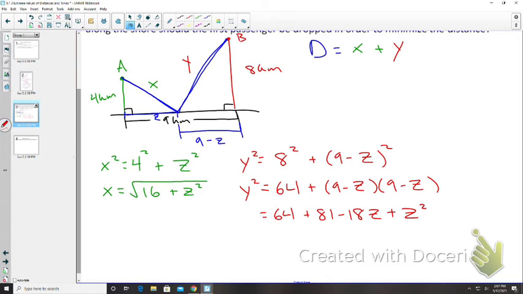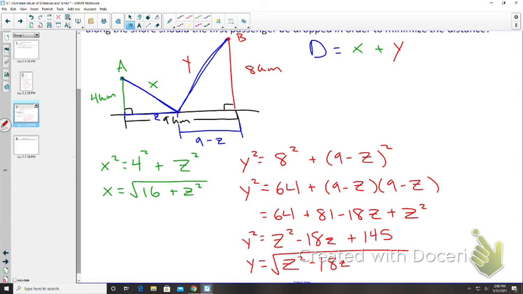We can simplify this a little bit: 64 plus 81 is 145. So y squared is z squared minus 18z plus 145. And lastly, let's solve for y: the square root of z squared minus 18z plus 145.